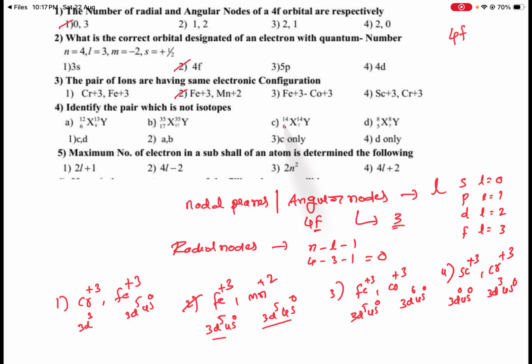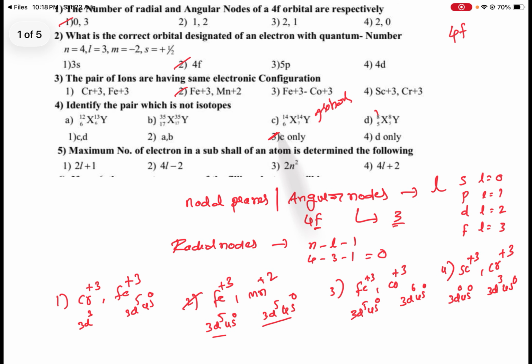Third option, atomic numbers are different but mass numbers are the same, so these are isobars. Next, the fourth option has the same atomic number, so these are also isotopes. So options A, B and D are isotopes. Option C is the only isobar, which is not an isotope. So option C is the correct one, that is the third option.